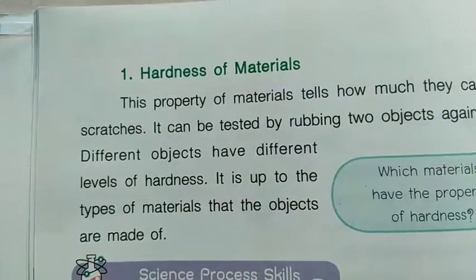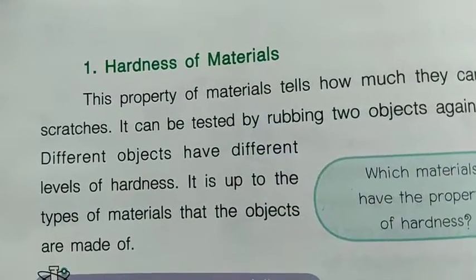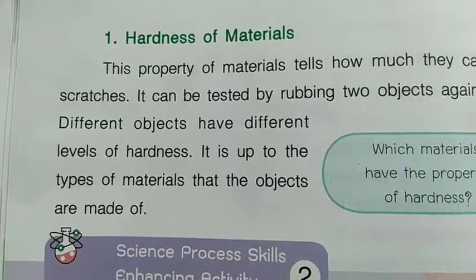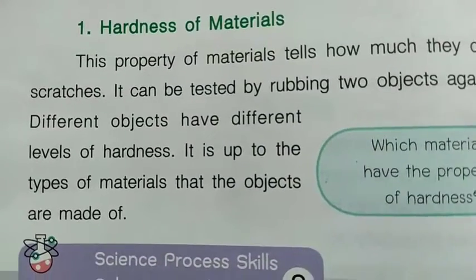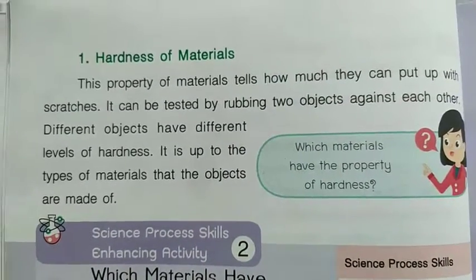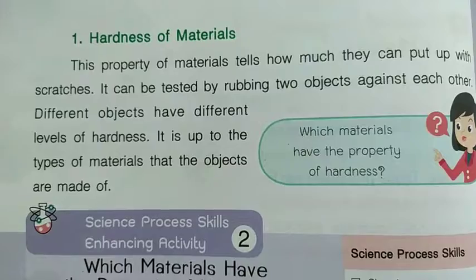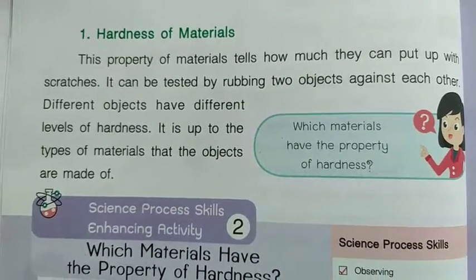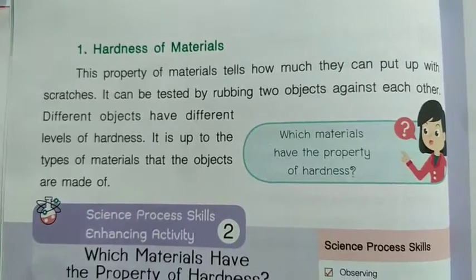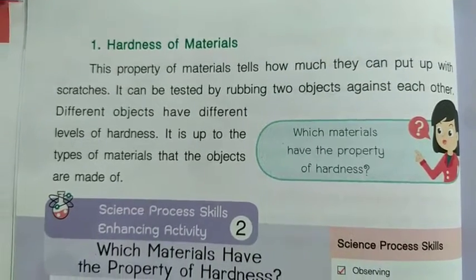Okay, let's go to page 144. This is the first property that we'll be talking about today. Hardness of materials. Now, this property of materials tells how much they can be put up with scratches. Okay? It can be tested by rubbing two objects against each other.